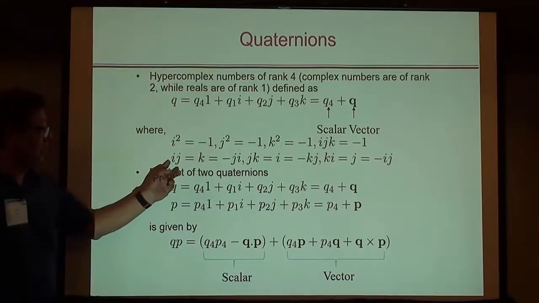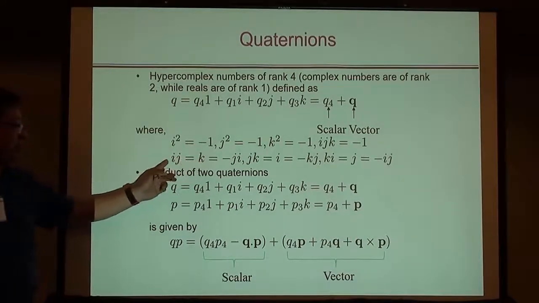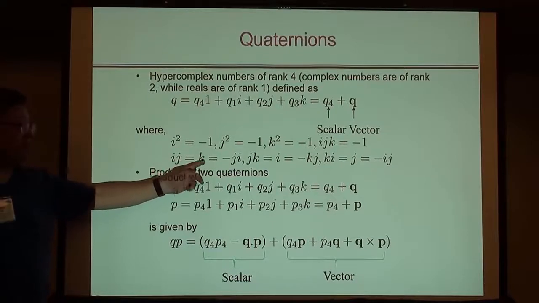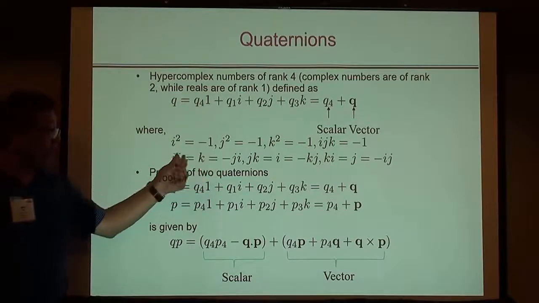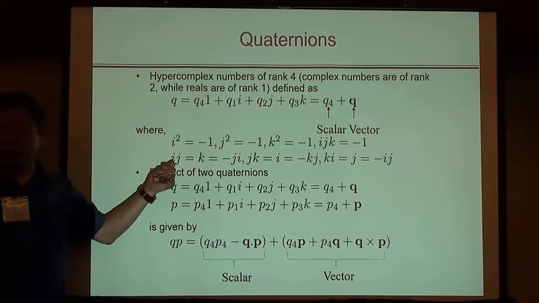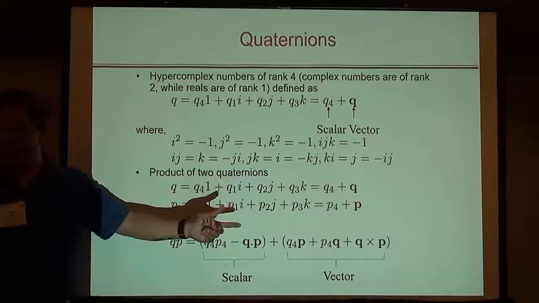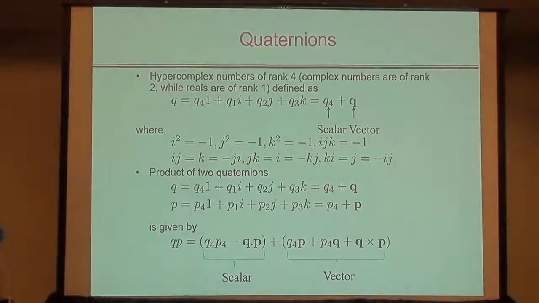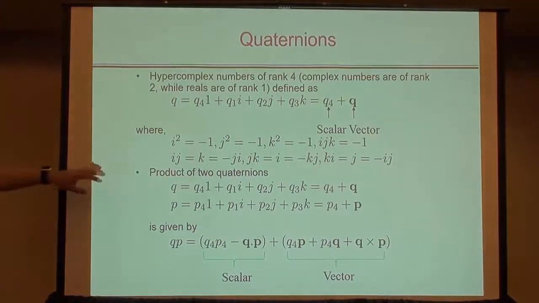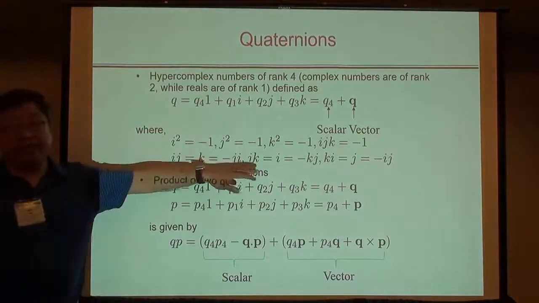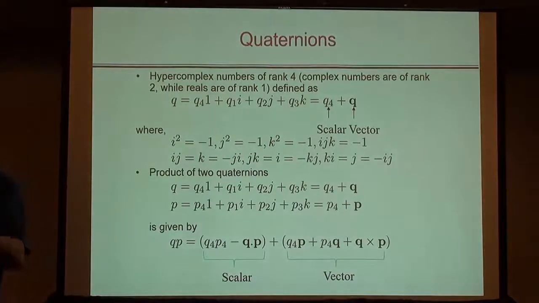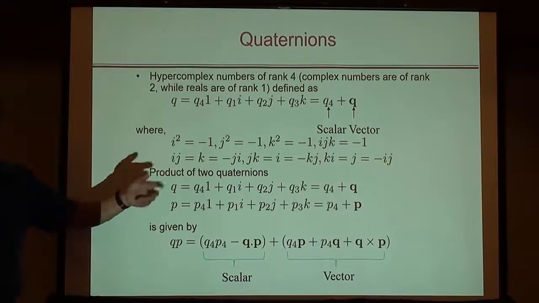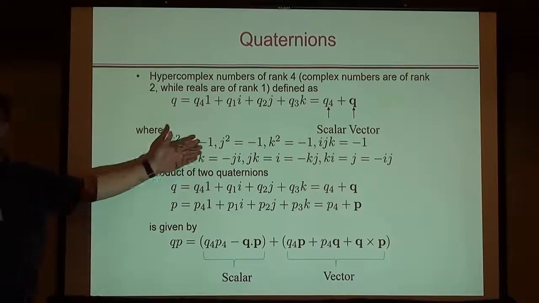Then here the permutation: ij equal to k. If you reverse the order, it will change the sign. Okay, and the same holds true for the rest. Now, if you look at these rules, they look very much like the vector cross product, right? I cross j equal to k, etc.